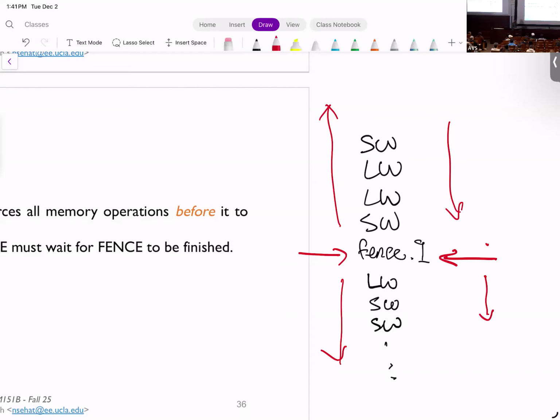So fence serializes all the reads and writes up to that point. So at this point, I know everything before me is finished. Fence is very handy in many cases, because if I only care that at this point everything has been written, then I can put a fence and then move forward.